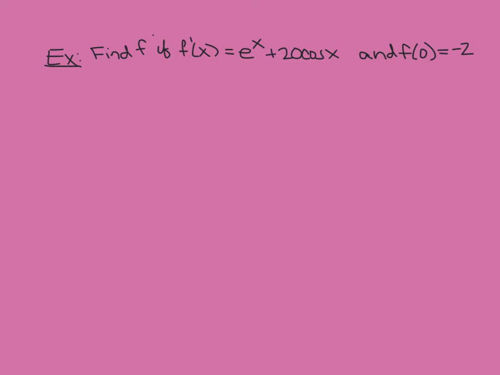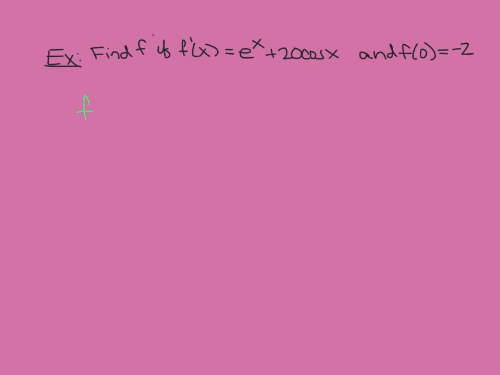Initial value means that we know that when x is 0, our y value is negative 2. And if you have a situation like that, that initial value, the f of 0, is going to help you find that constant c. So let's go ahead and do this problem.